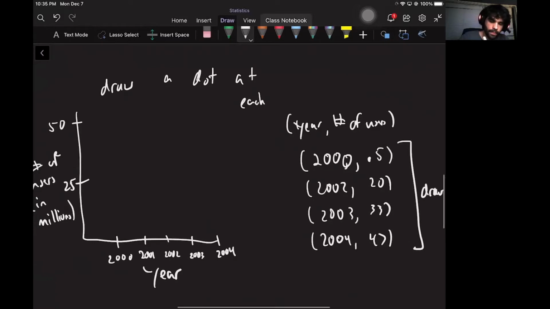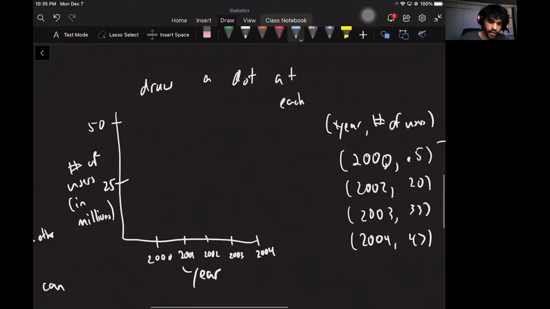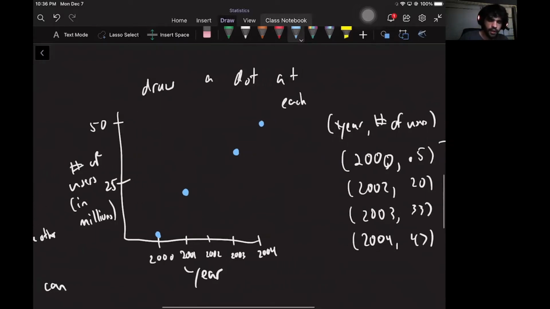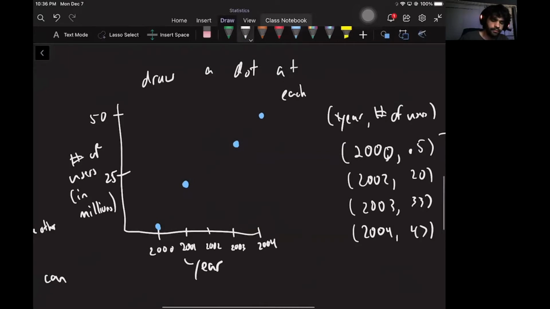Okay, so 2000, comma, 0.5. 0.5 will be super low down here. 2002, comma, 20, about right here maybe. 2003, comma, 33, maybe like right there. And then 2004, comma, 47, up there. It doesn't have to be perfect, you just do your best. So this lets us visualize how they are related.